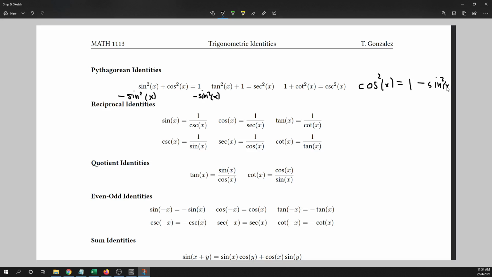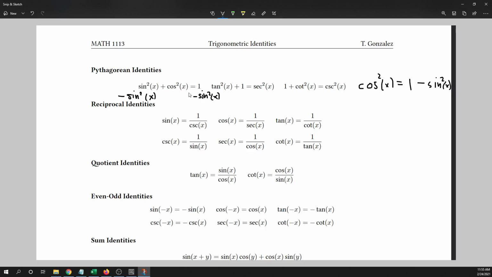Now, some people at this point will say to me, hey, wait a second, you just told us not to do what you're doing. In the introduction to verifying identities, you said don't add or subtract, multiply or divide from both sides of the equation that you're trying to verify. And that's absolutely true. But I'm not trying to verify this identity.